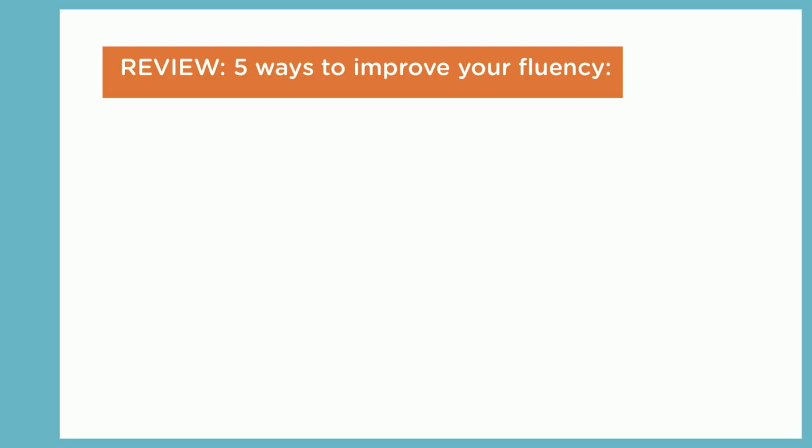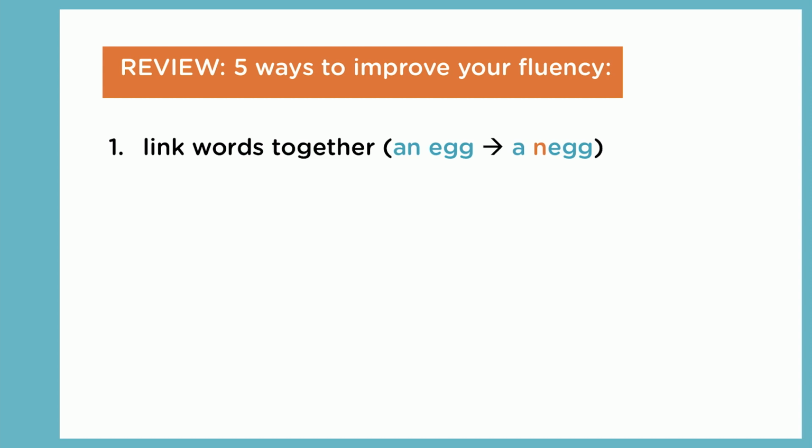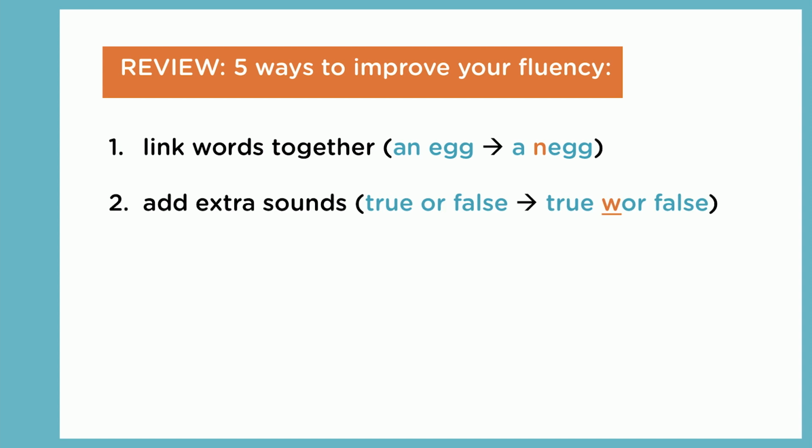Perfect. And let me show you a quick little review. Cool. So we'll go over it one more time. Here are the 5 ways to improve your fluency with examples. You link words together, so an egg becomes an egg. You add extra sounds, so for example, true or false should be true or false.